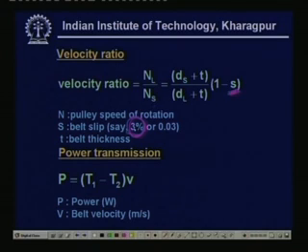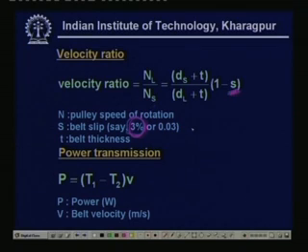So 1 minus 0.03, that is 0.97, will be the value of 1 minus S. Thereby a certain amount of velocity ratio is lost due to this slip, because we know that NL into DL is NS into DS. So this is a very standard formula, but it gets lost due to this particular belt slip.